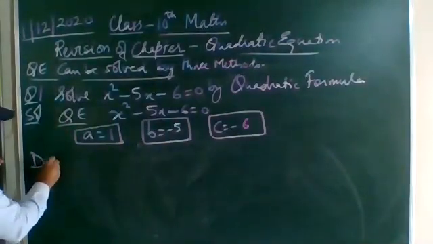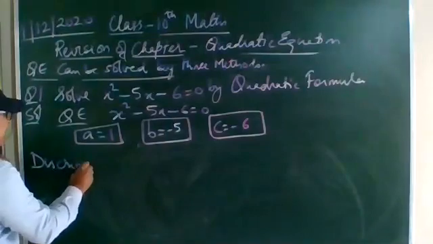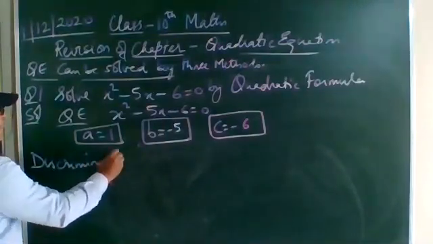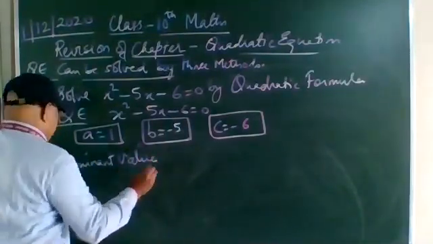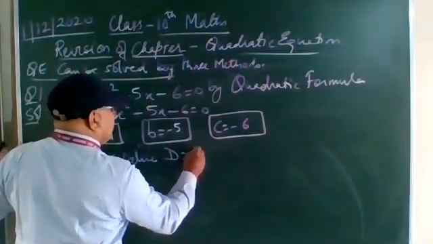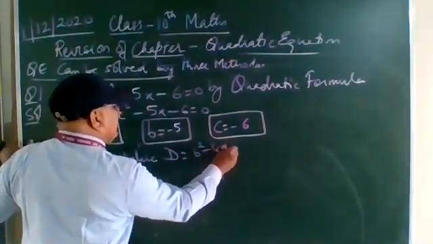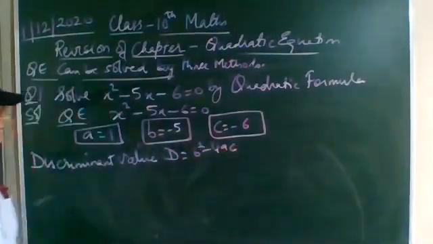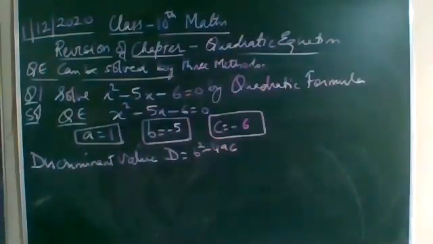Discriminant value D. D equal to b square minus 4ac.